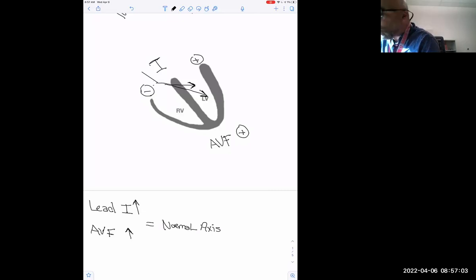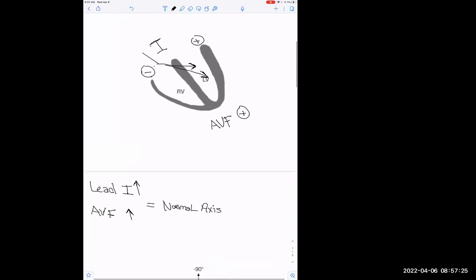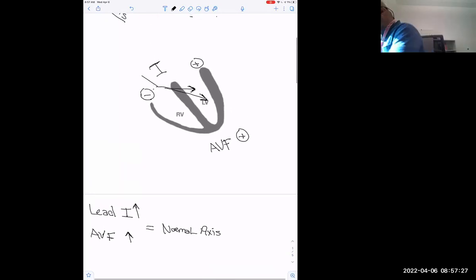So in the normal conduction system, the average of our forces taken as a whole is moving downward and to the left. Everyone good there? Chris, anything you'd like to add? I'm good, sir. Okay, so that is normal axis.